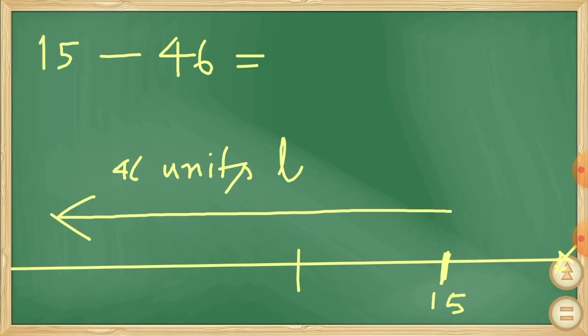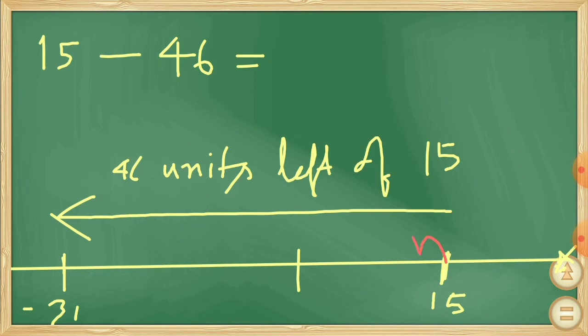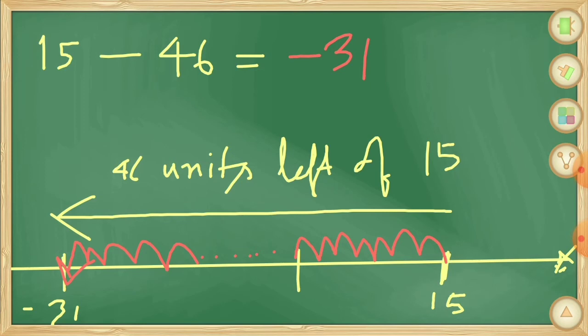If we move 46 units left of plus 15, then we will surely cross 0 and move towards the left of 0 up to minus 31 units. So moving 46 units to the left of 15, we get minus 31 as the final mark on the number line. So 15 minus 46 becomes minus 31.